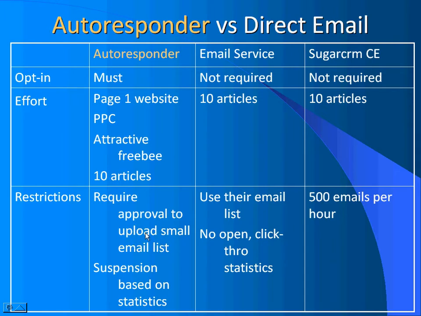The next thing is, if you start sending emails and the bounce rate is high, right? Bounce rate is high means the email is invalid. So if it reaches a certain percentage, they will stop your email campaign and they will start to suspect something is wrong with your email list.